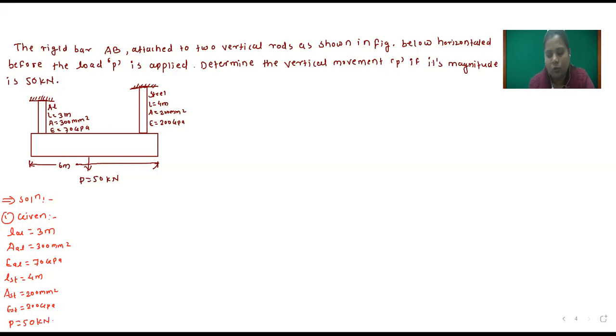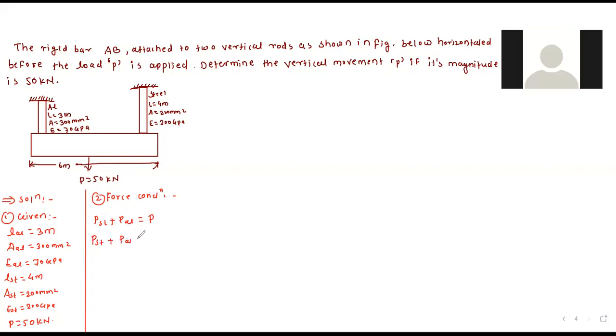Now first we will apply the force condition. So what is our force condition? Force condition is P steel plus P aluminum equal to total P. So P steel plus P aluminum is equal to 50.